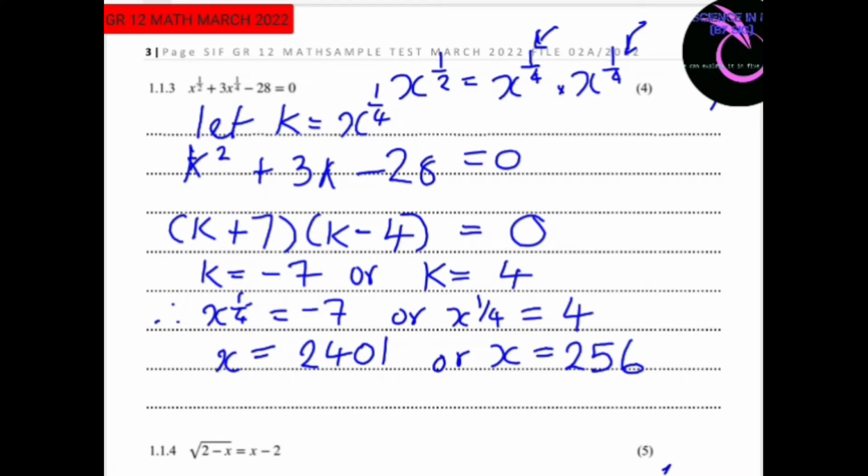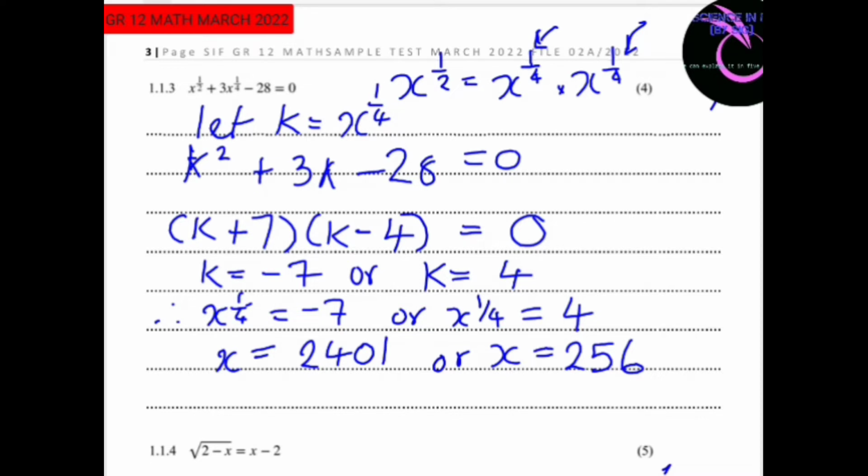Which method do you prefer, the K method or factorizing? Again, if you get time, please check your answers for equations. It's always good. How do you check? You just substitute where there is x.